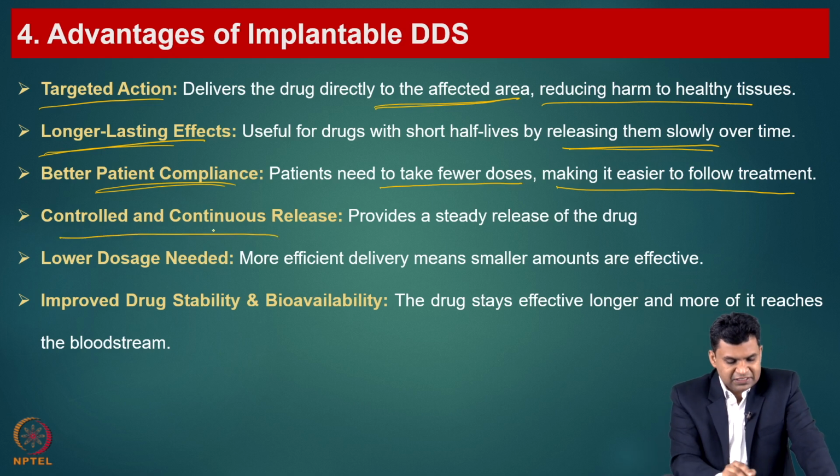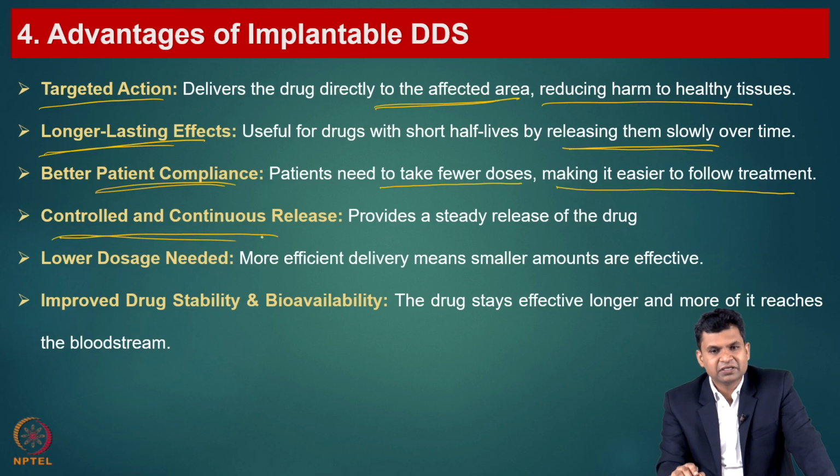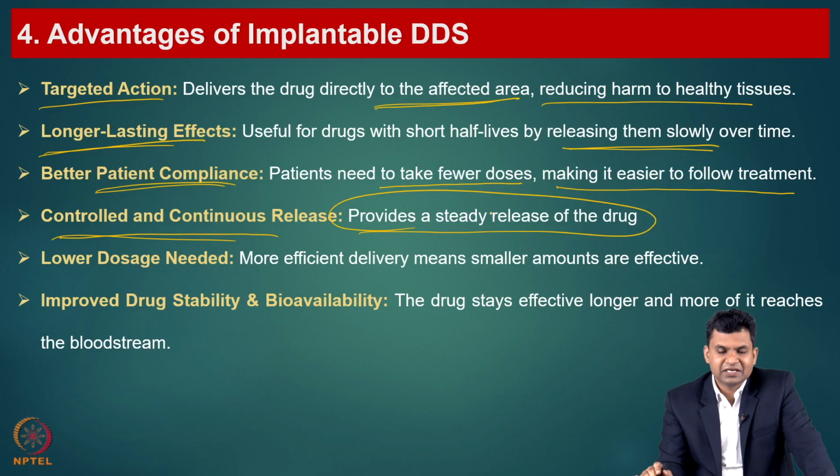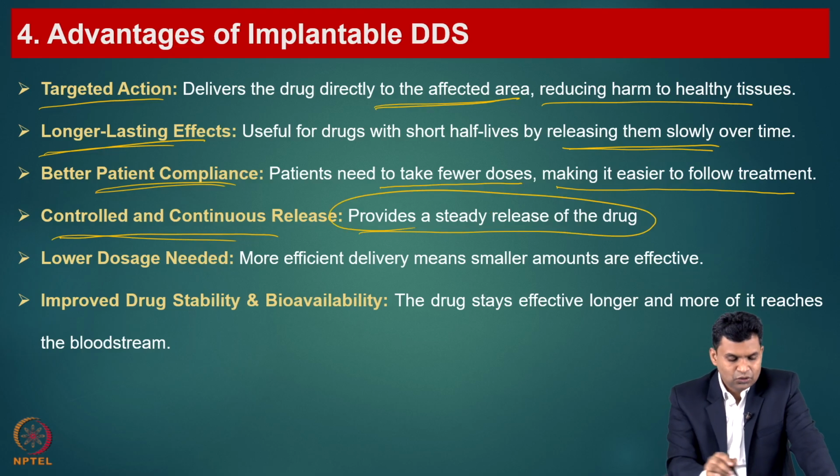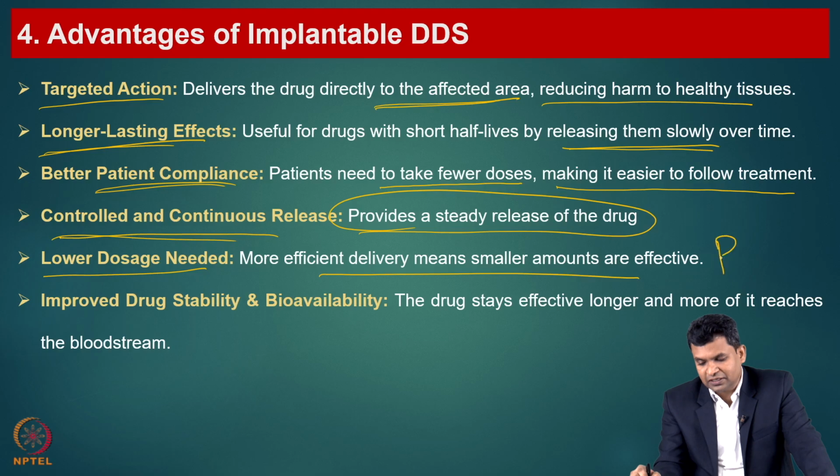And as we discussed in the definition, yes, we can maintain controlled and continuous release, as we know that various controlled release mechanisms will help with the drug release. Lower dose is needed, yes, here we need to use potent drugs, then only it will fulfill the need of implantable drug delivery devices.